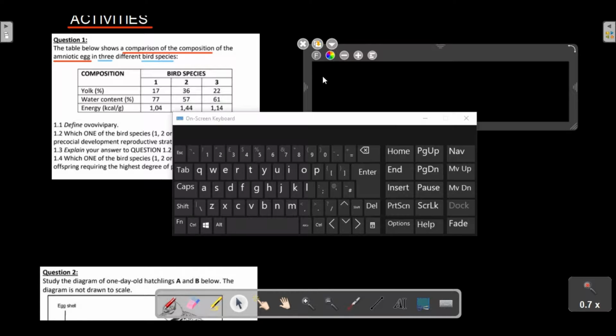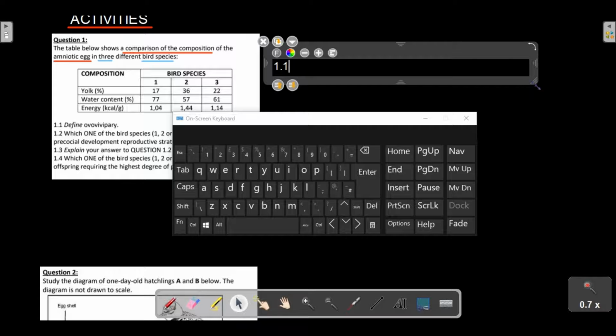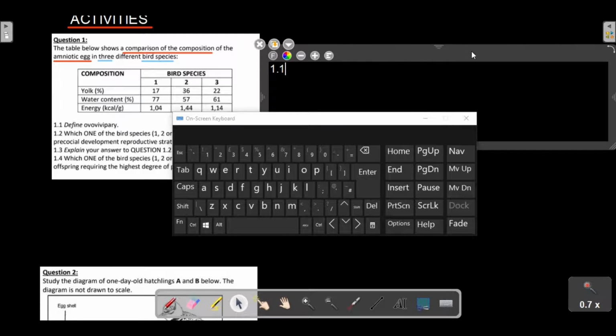which says define ovovivipary. We went through ovovivipary, guys, and we said that these are organisms where the females have eggs.